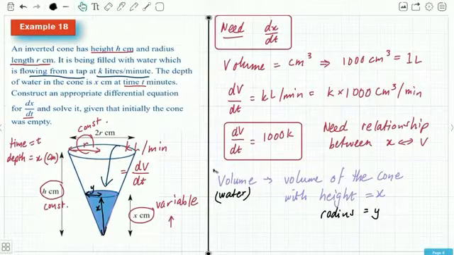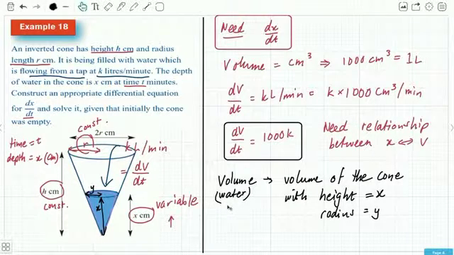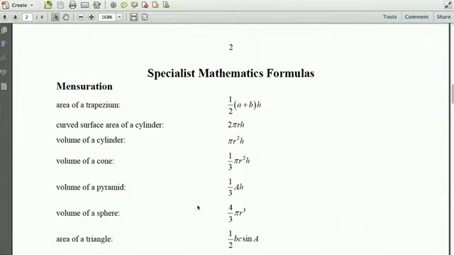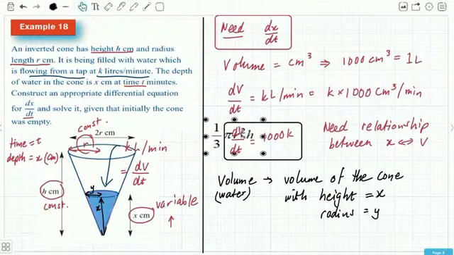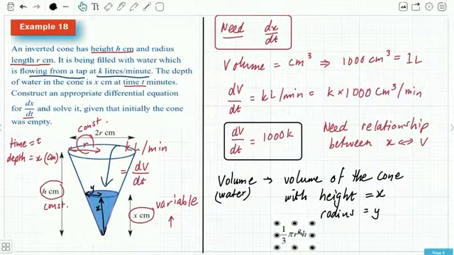Now I'll use our formula sheet, because we know that we're looking for the volume of a cone. If I go into my formula sheets, you can see here the volume of a cone is 1/3 pi r squared h. Now in our case, h is x, and r, our radius, is y.